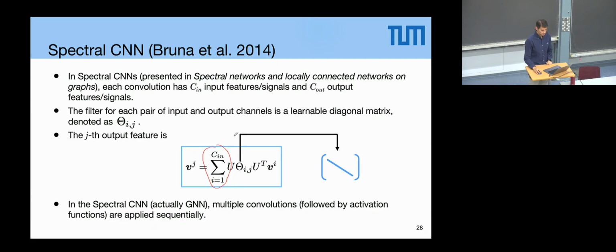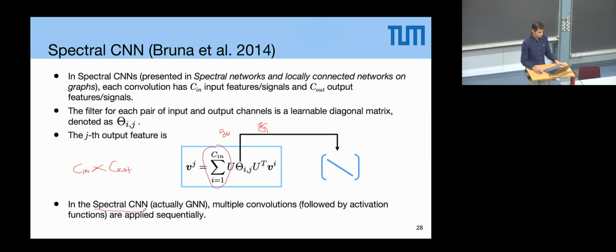So now instead of having just one G theta matrix, we have a G theta matrix for each pair, C in times C out. They call it a spectral CNN also.